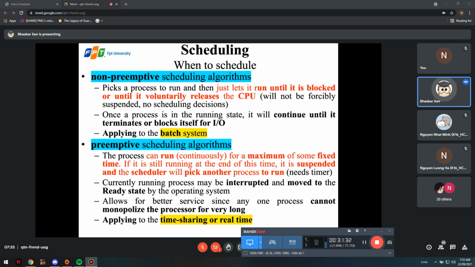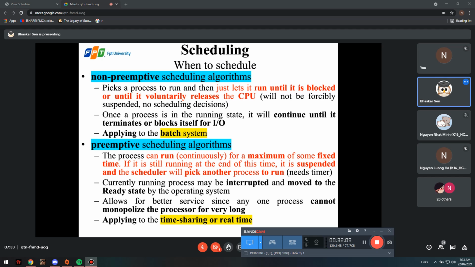As I've highlighted, easy to understand, the non-preemptive algorithms are good for batch systems because we already know what batch systems do. They spend most of the time on computation, right? Most of the processes are compute-bound processes, number one. Number two, they spend most of their time on CPU. So naturally, there won't be any interruption.